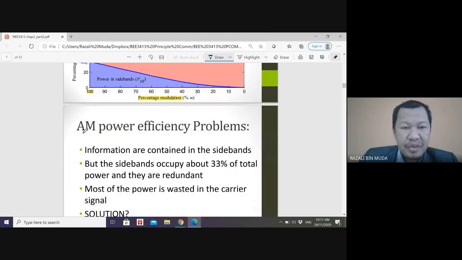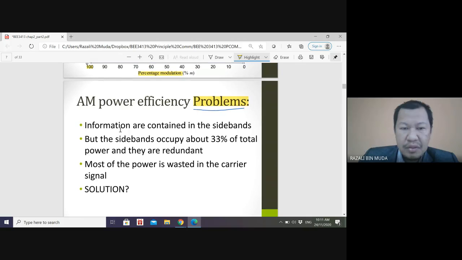Okay. So, AM power efficiency problems. Information is contained in the sideband only. But the sideband occupies only about 33% of total power, and they are redundant, because you have lower and upper sideband bringing the same amount of power, meaning the same amount of information.